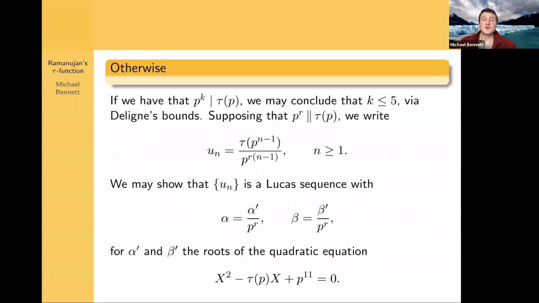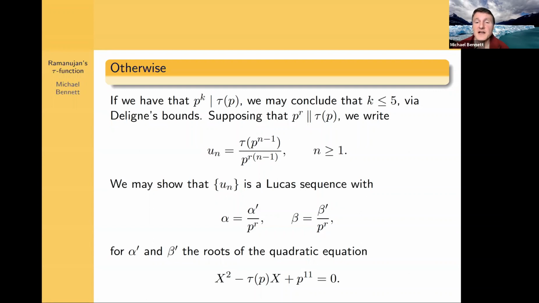Okay, so if Lehmer's conjecture is not false, then we notice that powers of p could still divide tau of p, but the power that could divide tau of p is bounded by p to the 5th. That's because tau of p is bounded by twice p to the 5.5, and so you can just check that means that it can't be as big as p to the 6th.